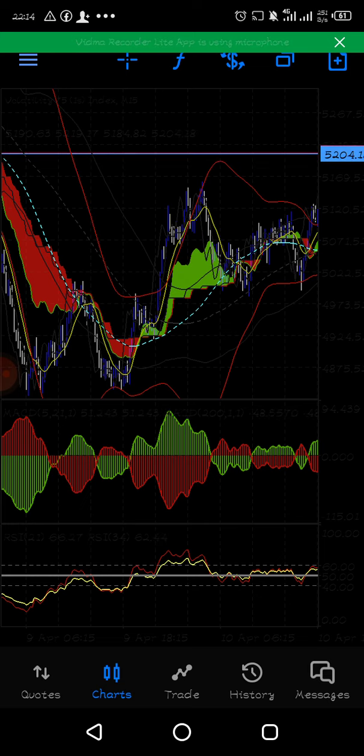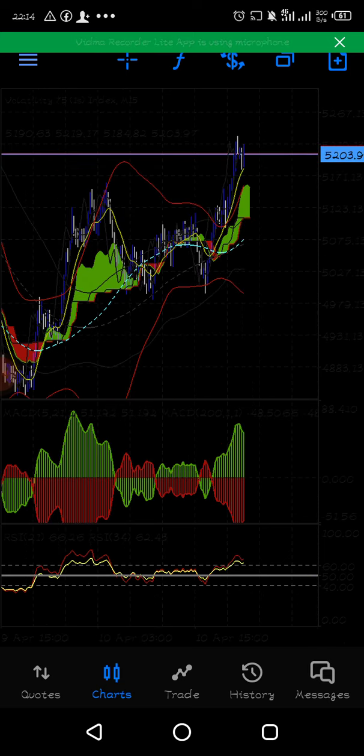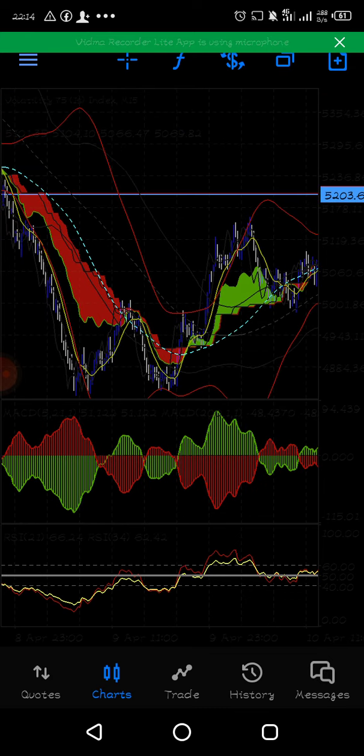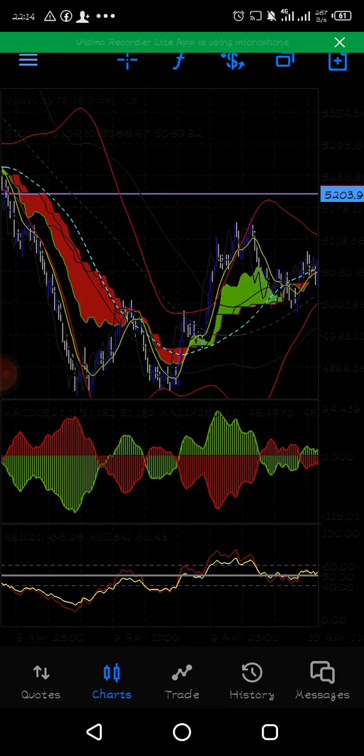So that is what my RSI is all about. But my sentiment indicator actually tells me the bias in the market. That is, whatever is playing out, whether it's the buyers or the sellers.